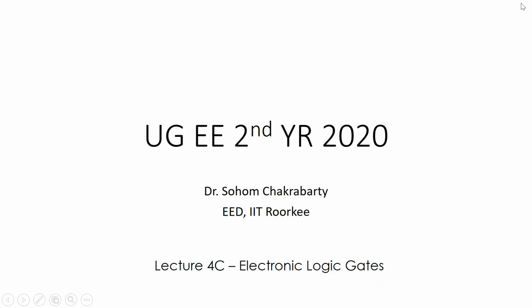As in the video I had shared, you had noticed that it all started with mechanical switches, then vacuum tubes. Those sorts of switches were used to implement the logic circuitry, to implement the logic gates.